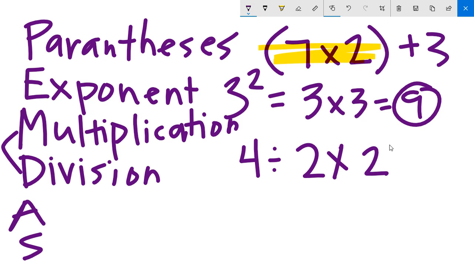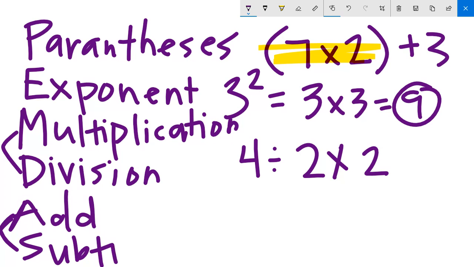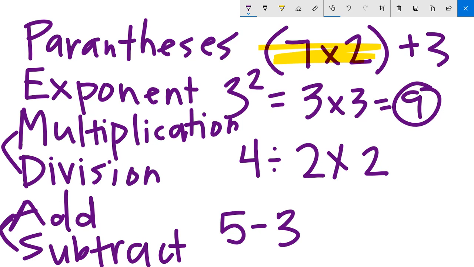And then moving on to the next one, it's the same thing, addition and subtraction. I'm just going to write add and subtract. Those are also BFFs. So it depends on what comes first. For example, if I have 5 minus 3 plus 8, it would be subtraction first because it comes first in the order that I am solving.